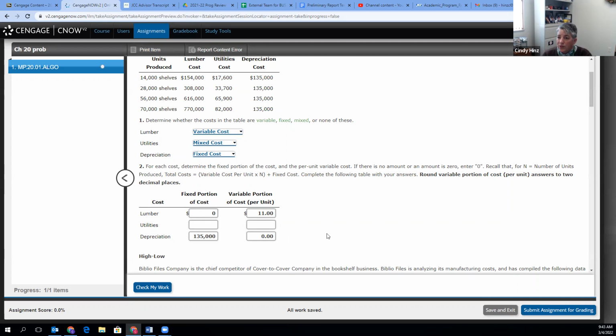And then for the utilities, we're going to have to use that high-low method. So we can take our high point here and our low point here and use the high-low method to separate the fixed from the variable. So we start with finding the slope.